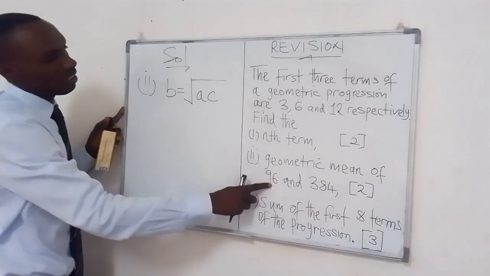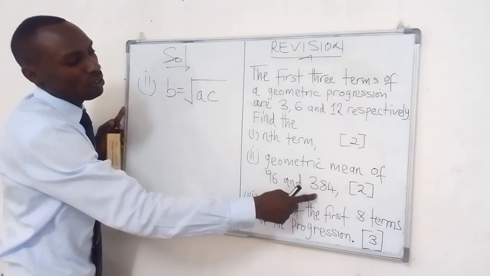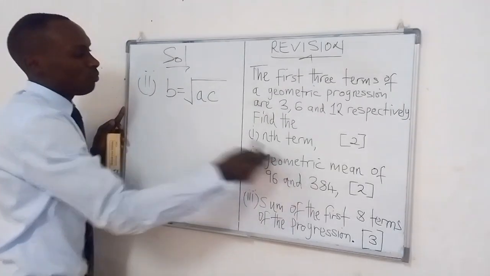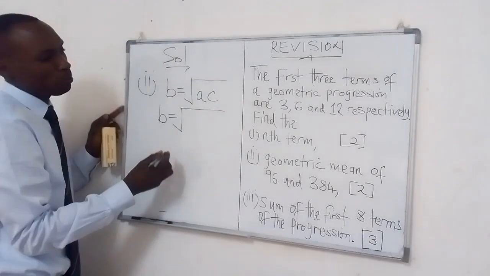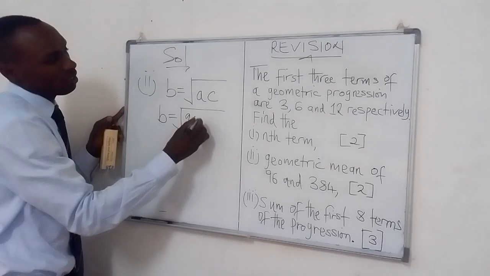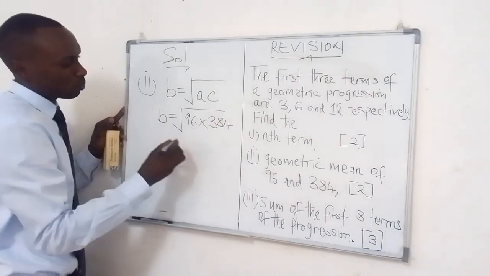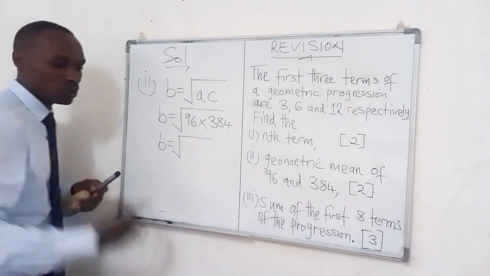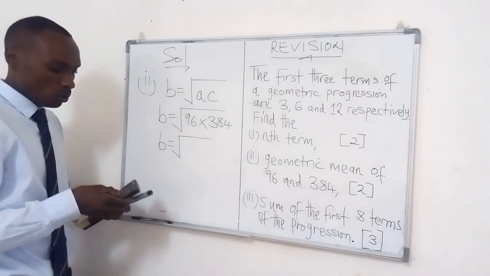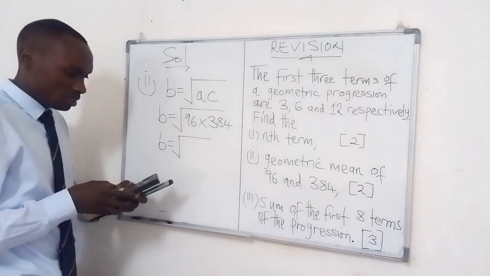In this case, A is 96, then C is 384. So B is equal to the square root of 96 multiplied by 384. So what do we get for that multiplication first? Here we're going to use a calculator. What is 96 times 384?